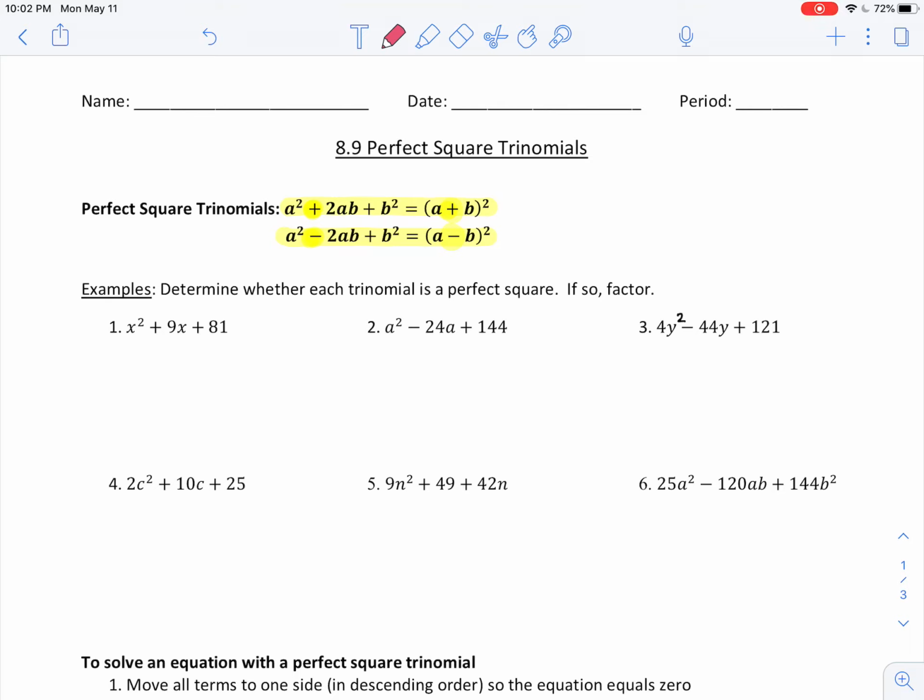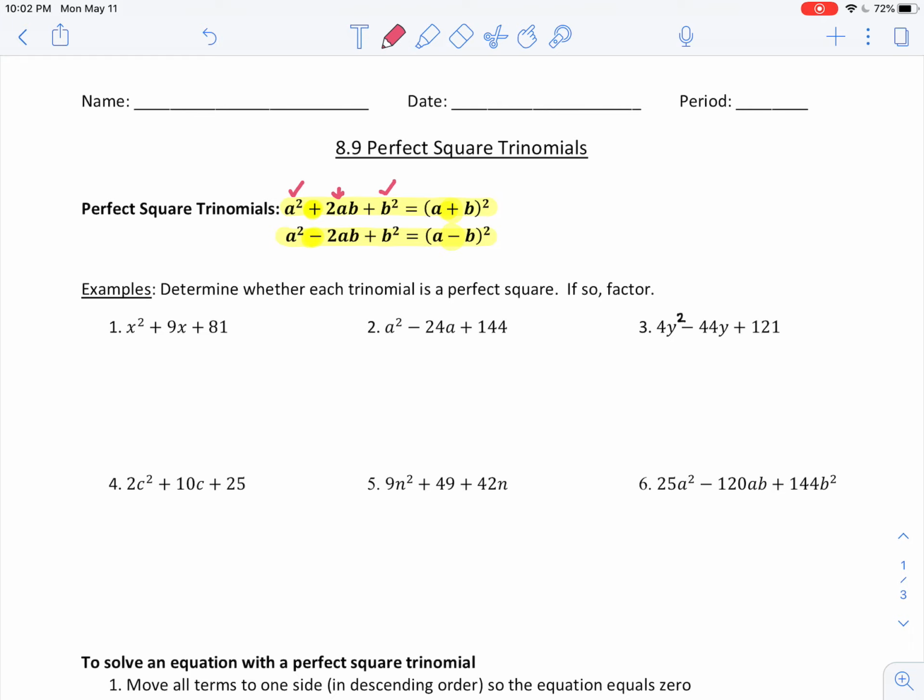When you look at a trinomial, you have to first check to see if something is in fact a perfect square trinomial. To check that, you need to make sure that the first term is a perfect square, that the last term is a perfect square, and that the middle term is the product of 2 times the square root of the first term times the square root of the last term.